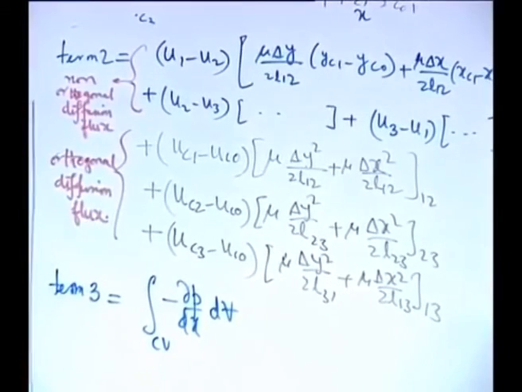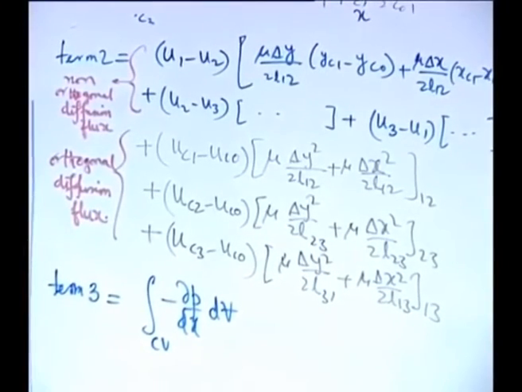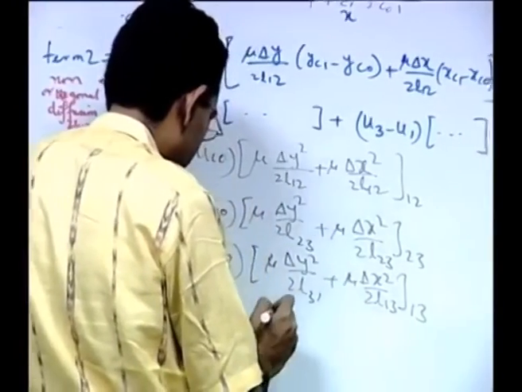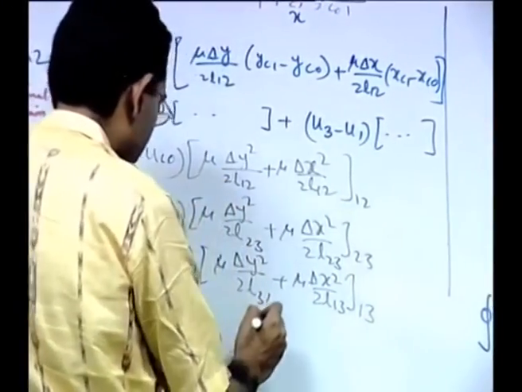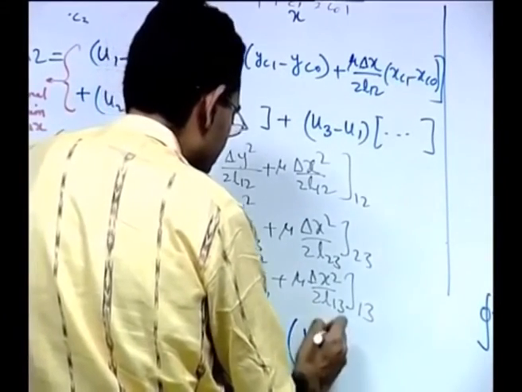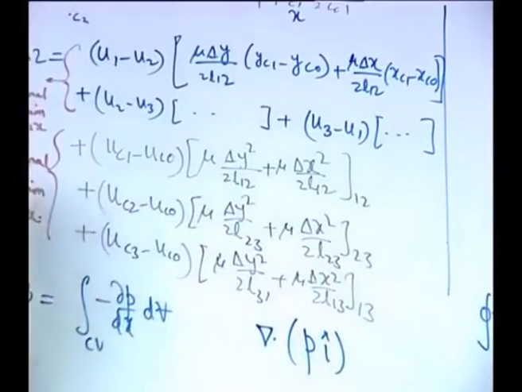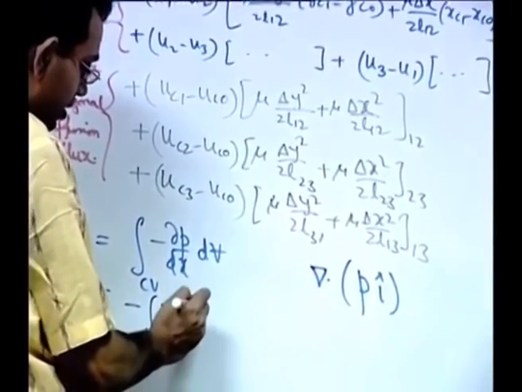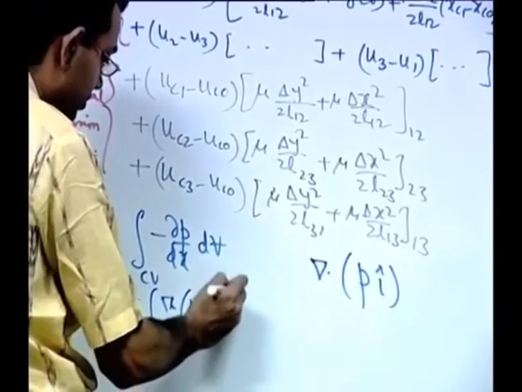If we want to make use of the divergence theorem, what we can do? We can write this as divergence of Pi, right. So we can write this as minus of divergence of Pi dV.